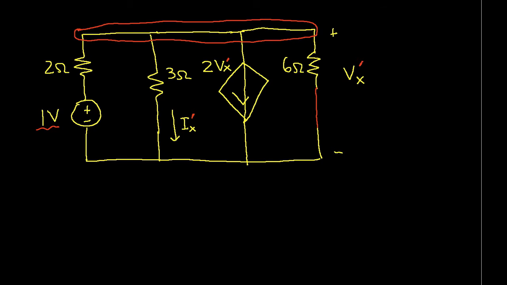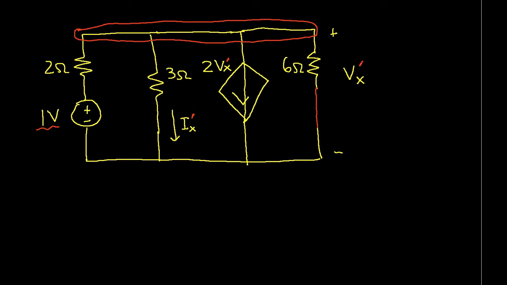That will allow us to find currents and such. And we'll have to leave Vx prime as an unknown and get one or more equations for it, and then solve those equations to figure out what it is.